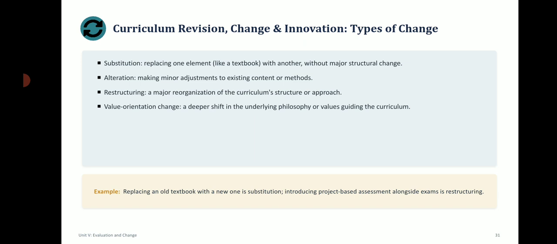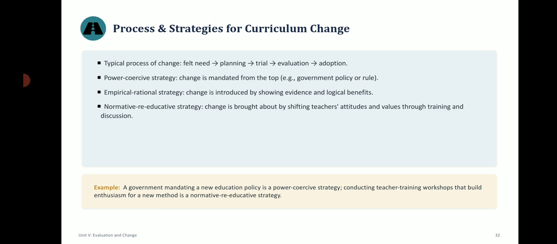These are the changes they mention. Here too some things are mentioned: substitution, replacing one element; alteration, making a minor adjustment; restructure, completely restructuring. So this is how it goes.